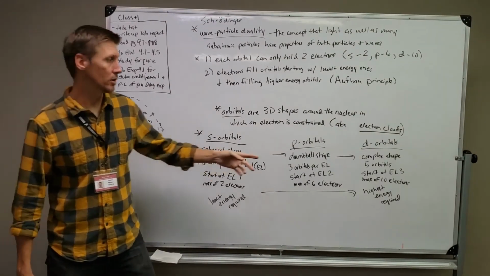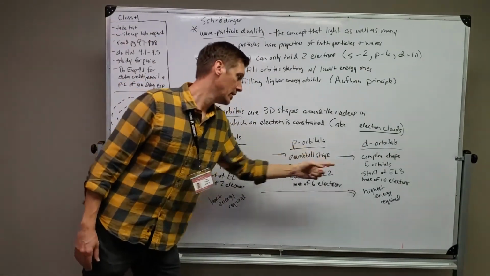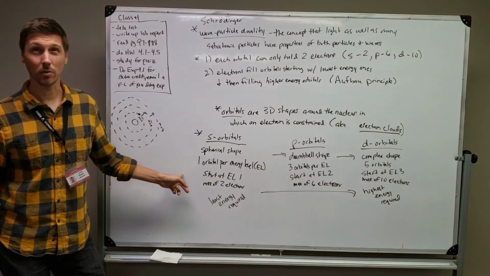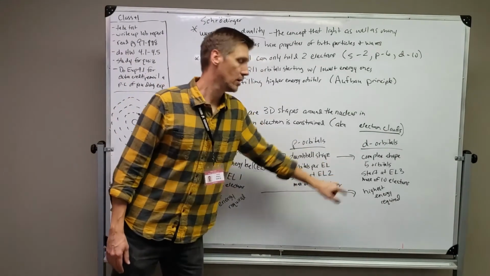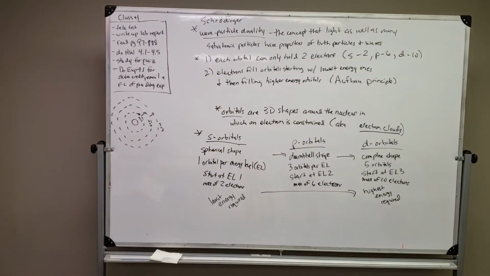You would expect it to go to the d orbital at the 3rd energy level, because they start there, but it actually takes less energy for it to fill the s orbital at the 4th energy level. So it'll do that first, then it'll go to the d orbital at the 3rd energy level, and then it'll jump to the 4p energy level orbital.